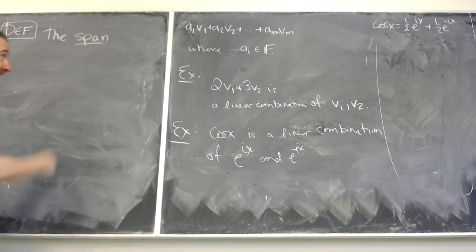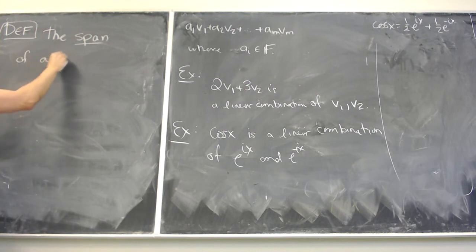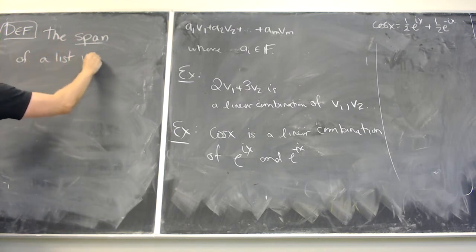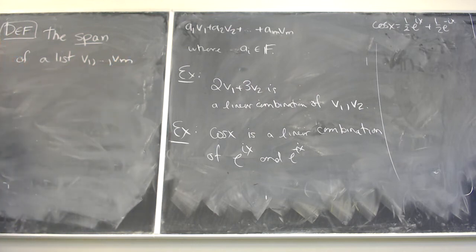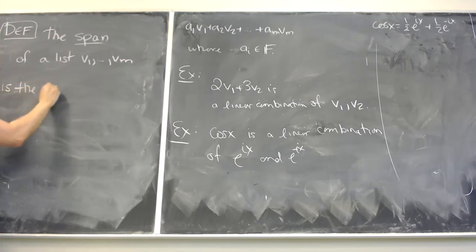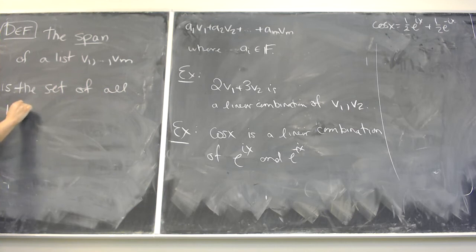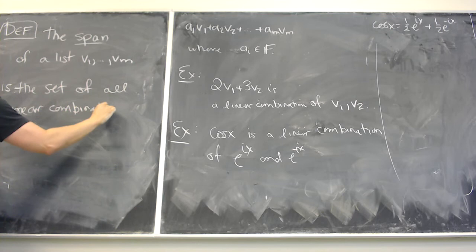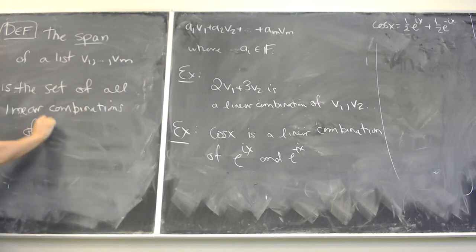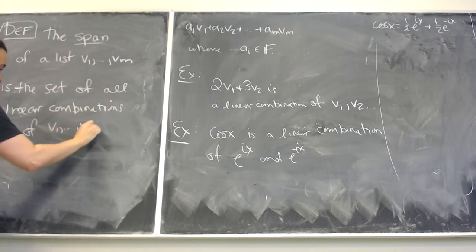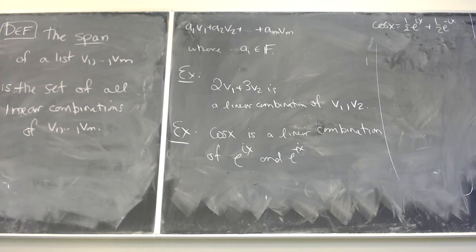The span of a list v1 up to vm is the set of all linear combinations of v1 up to vm. So the span of a list is the set of all the possible linear combinations of those things.